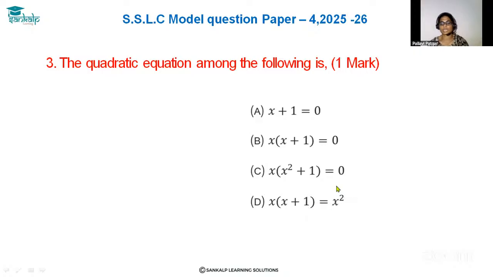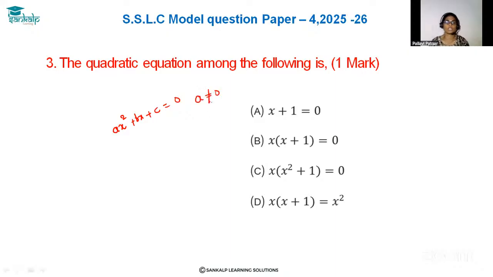Okay. So here, what is a quadratic equation? What will be the highest power of the variable? It will be 2. The general form of a quadratic equation is ax square plus bx plus c is equal to 0, where a is not equal to 0.